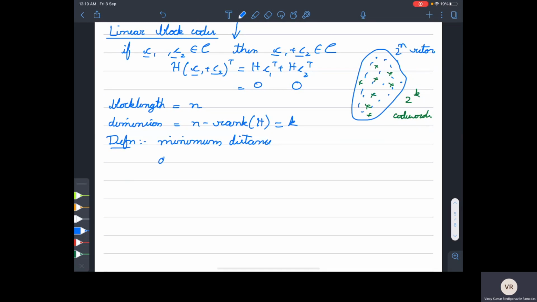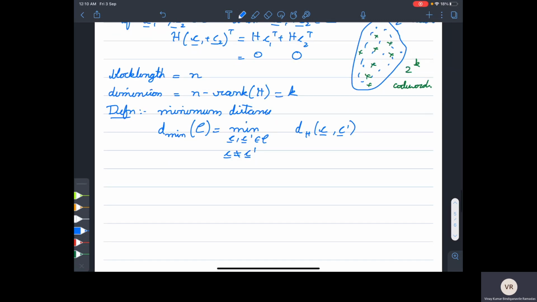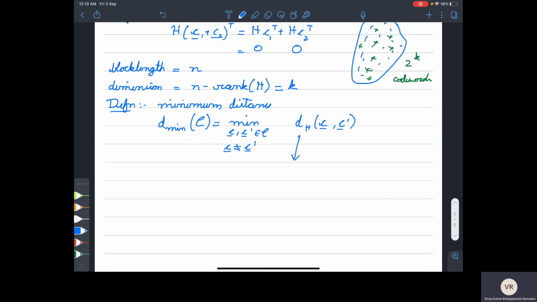Dmin for a linear code is defined to be the minimum Hamming distance between C and C prime. But what is the Hamming distance?